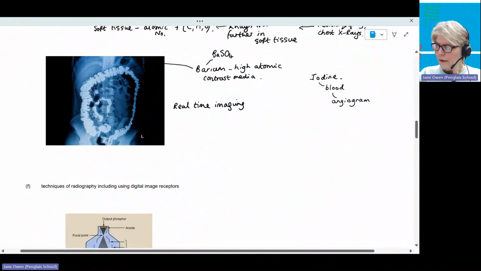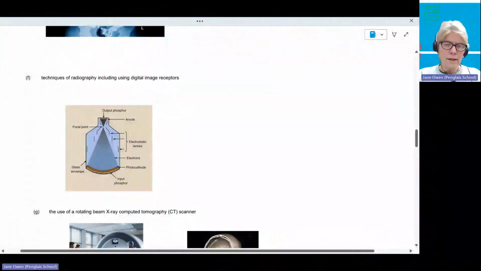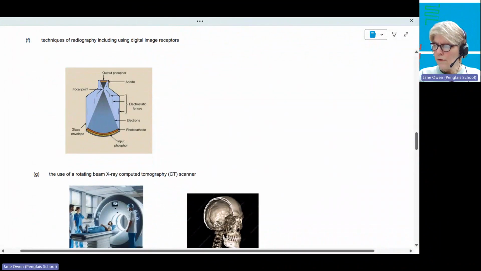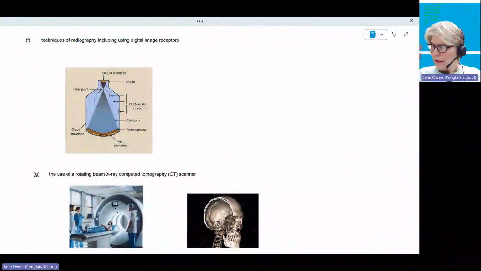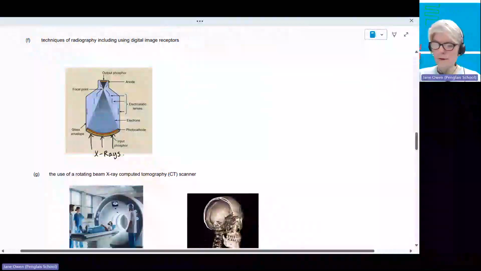Okay, so in order to look at these in more detail, we use what we call a digital image receptor, and the X-rays are received. The X-rays come in on this input phosphor. You do need to know the construction of an image receptor.